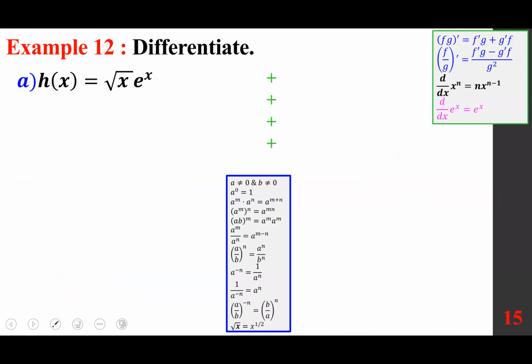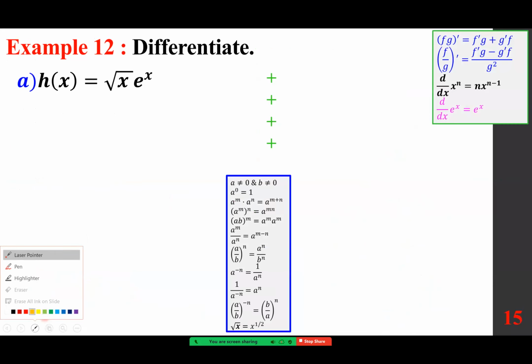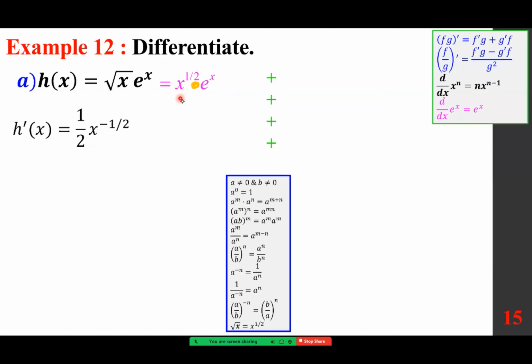I'm going to differentiate this. And again, what I'm going to do is change the square root of x to x to the power of 1/2. And then I'm going to put a raised dot in between, meaning I'm using the product rule. As you see, according to the product rule, I need f prime, half of x to the power of 1/2 minus 1 is negative 1/2. By now, everybody knows that.